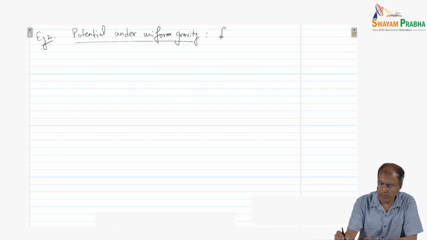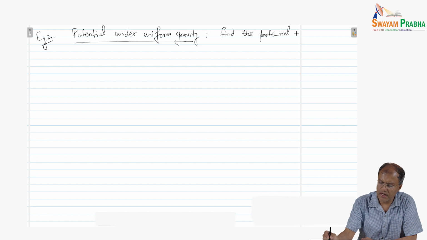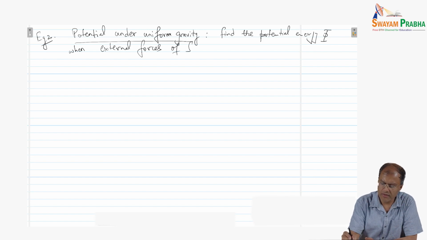So we want to find the potential. This is a very basic starting example. We will have more complicated problems related to this action under gravitational potential. So to begin with, we want to find the potential energy phi when external forces on S arise from uniform gravity.